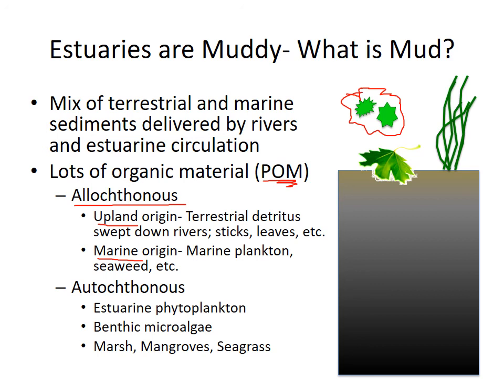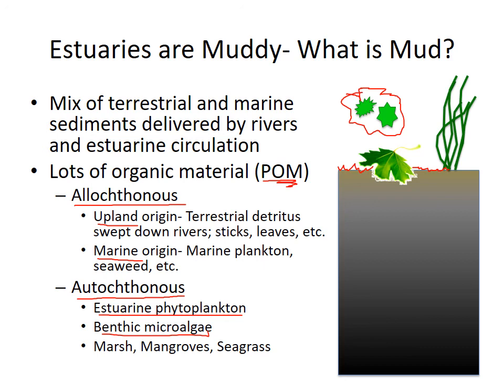But there's also autochthonous organic matter. That means that it's primary production that happened in the estuary itself and then ended up on the bottom. Some phytoplankton can grow in the estuary itself. We call those estuarine phytoplankton. Benthic microalgae are algae that live at the surface of the mud, and those grow in an estuary.